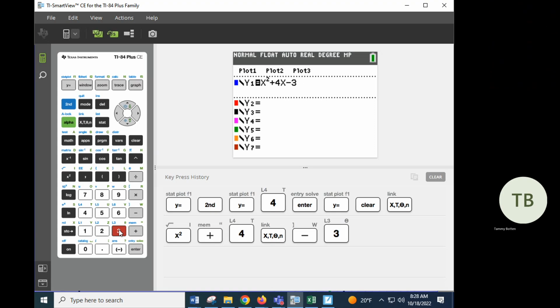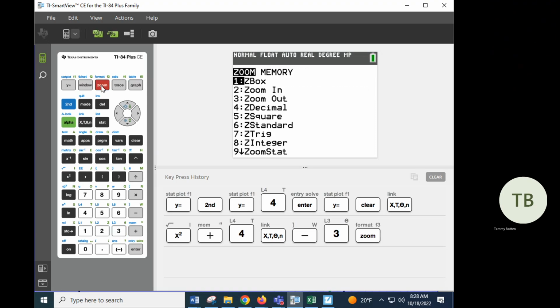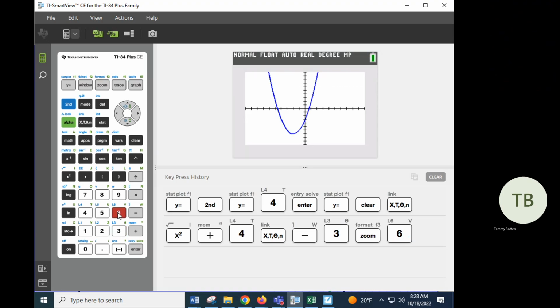Now, I was showing you guys a week or two ago how to graph on here, and we talked about how if you do Zoom 6, that is going to set this up where your X values go from -10 to 10, and your Y values go from -10 to 10.